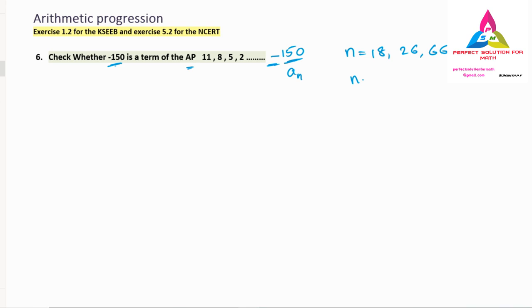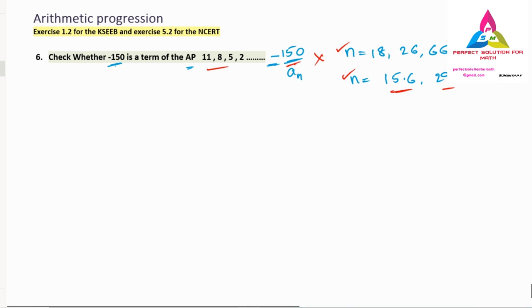If the n value we found is a fraction value, for example 15.6, or 29.8, or any fraction value, then we have to consider that this given minus 150 is not a term of the AP. These two things are very important. One is that n must be a natural number, and the other is that if n becomes a fraction value, a point value, then minus 150 will not be a term of this given AP.